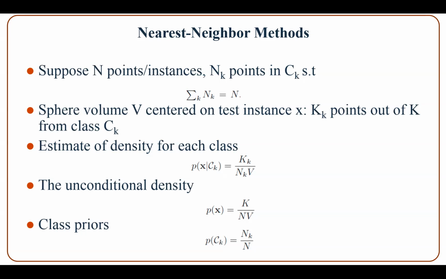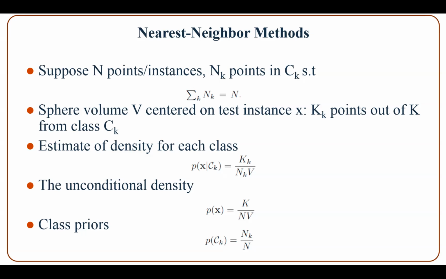Suppose that there is a total of n points or n instances, in which there are n_k points in the class C_k, such that the sum of n_k is equal to the total number of points n. We now draw a sphere with the volume V centered on the test instance x.